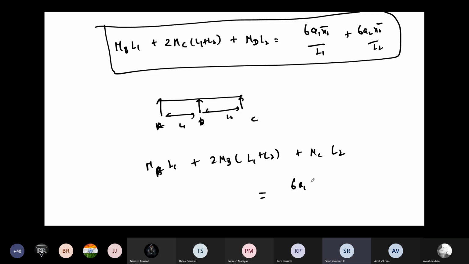This won't change. 6A1 X1 bar by L1 plus 6A2 X2 bar by L2. That won't change. That A1 and A2, please remember, is the positive bending moment area, not the negative bending moment area.